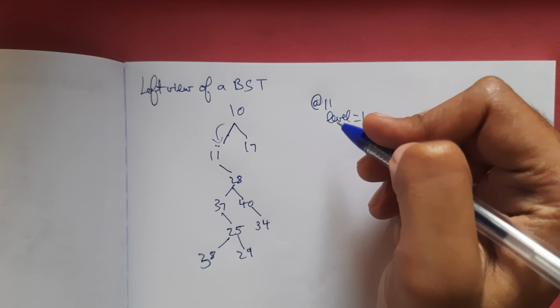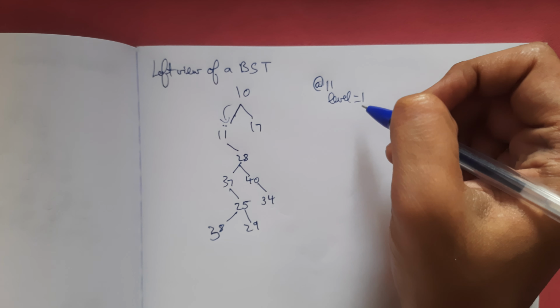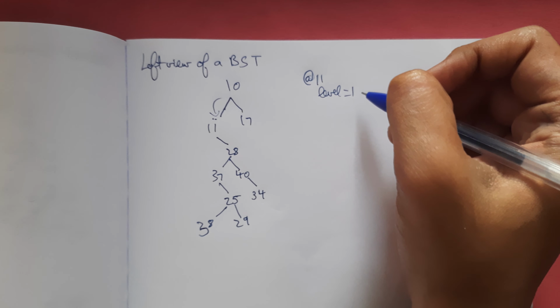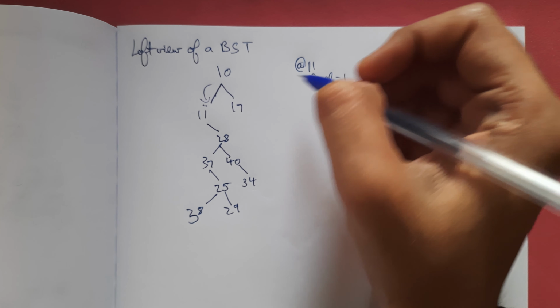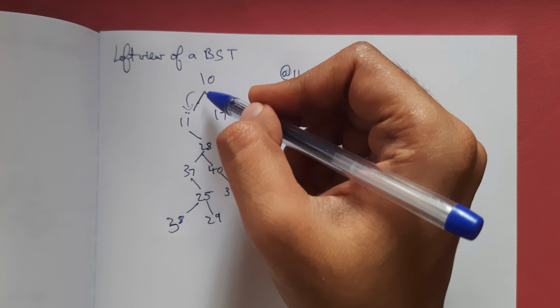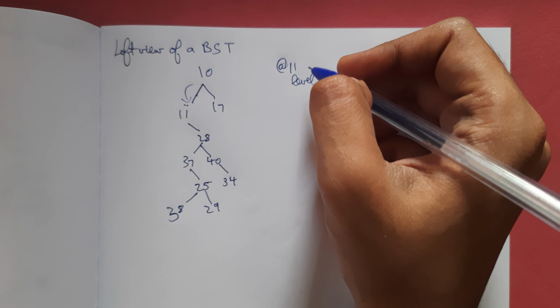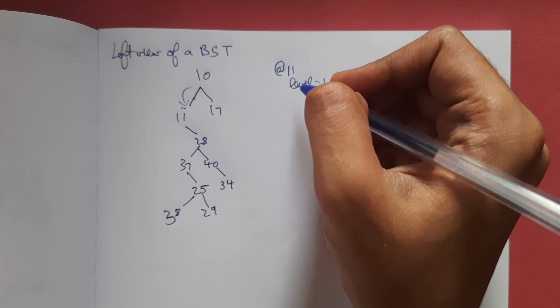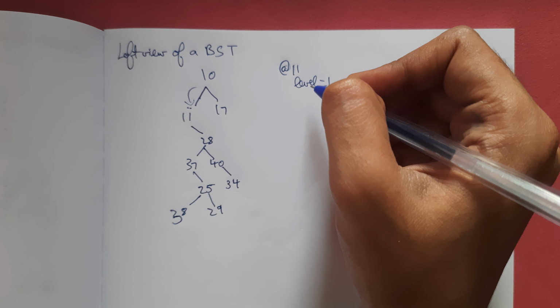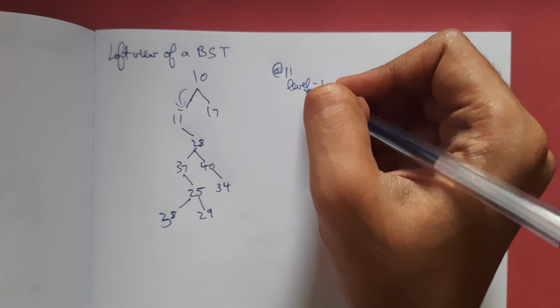The value of the variable level is passed using call by value and not call by reference. So this level value will be 1 at this node and will be 0 at this node. I hope you know what call by value means.